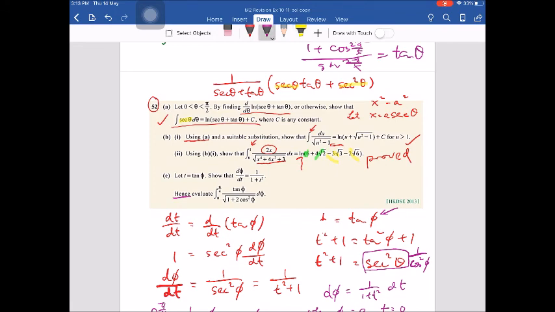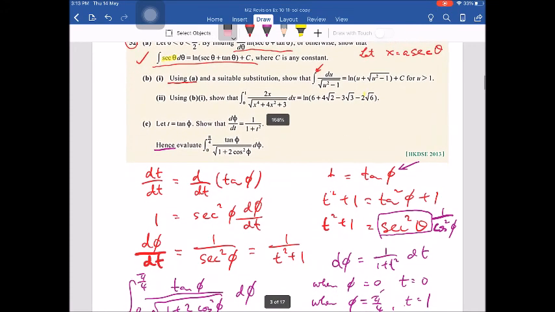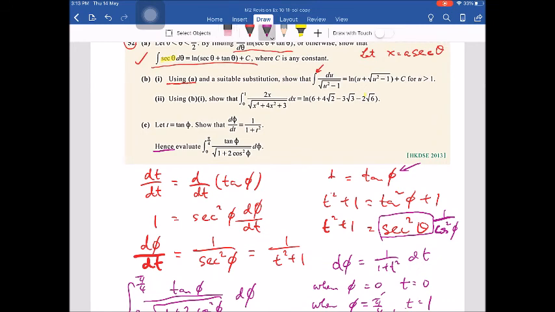And then part B, I do it here. I clean this first. This part, let u be secant theta. Then du is secant theta tangent theta d theta.